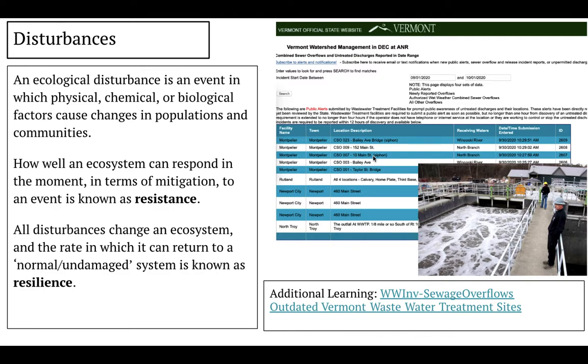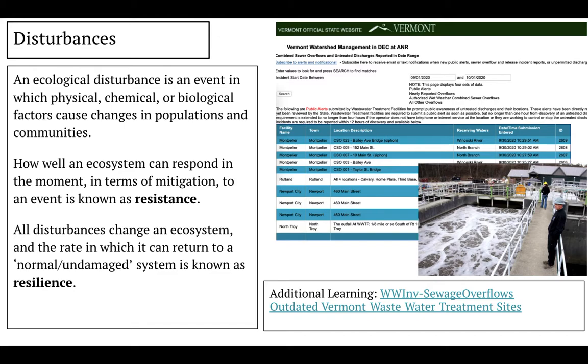Now, I have this image up here because part of our problem thinking about cyanobacteria is what are the biogeochemical and physical disturbances that are causing these algal blooms in Lake Champlain. And one of the largest disturbances that occur on an annual or monthly or weekly basis is runoff from different wastewater treatment sites, where we process raw sewage and wastewater from household and residential and commercial buildings, which are aging and outdated in the state of Vermont.